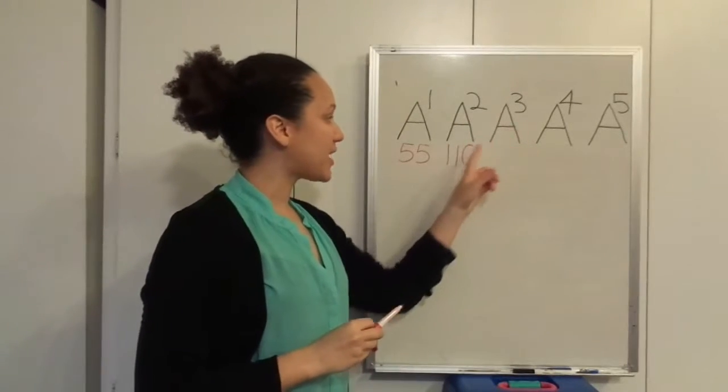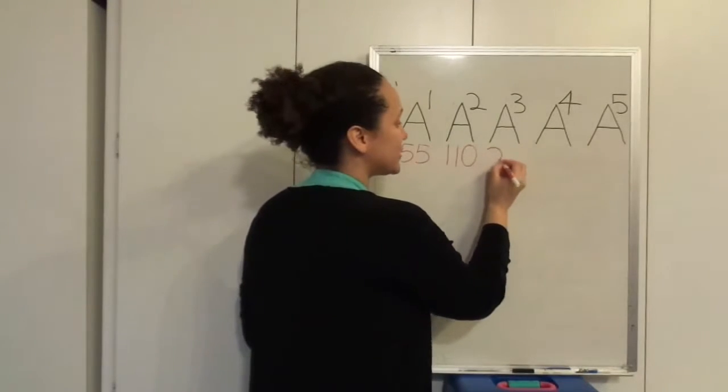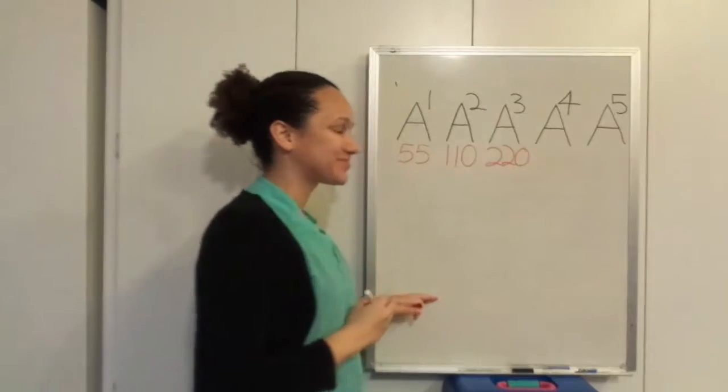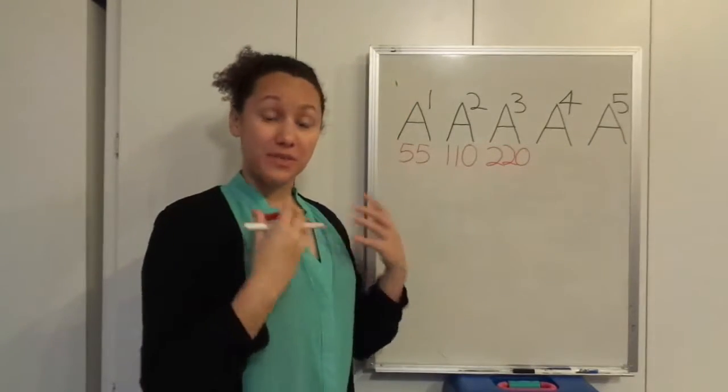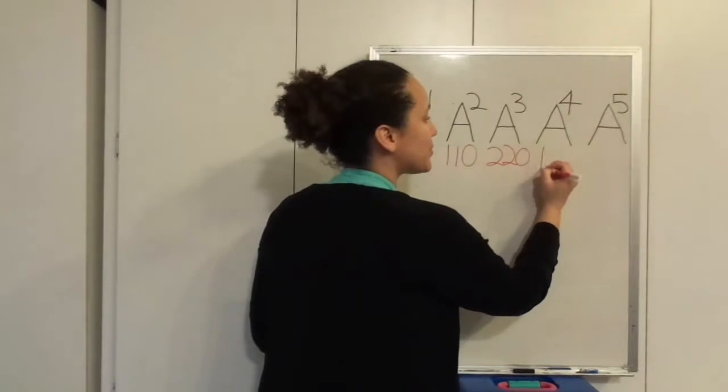And the next A would have to be twice as fast as the previous one. So that would be 220. And then twice as fast as 220 would be 440.